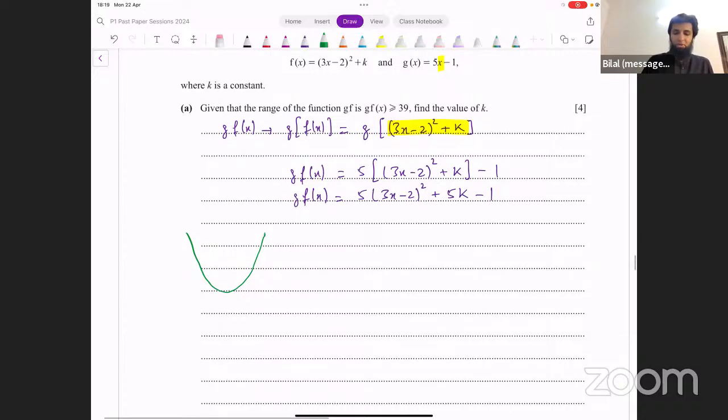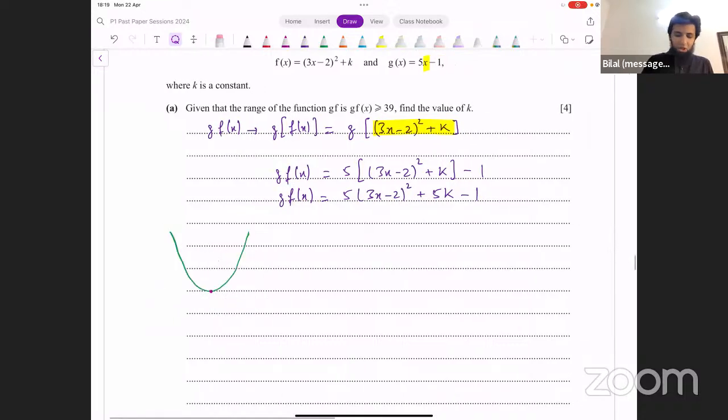Okay. They are saying the range of the function is greater than or equal to 39. That means the lowest point of this graph is supposed to be 39, because that is when the range of the function would be greater than or equal to 39. Right? Range represents the y values.